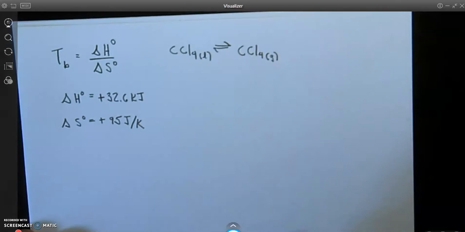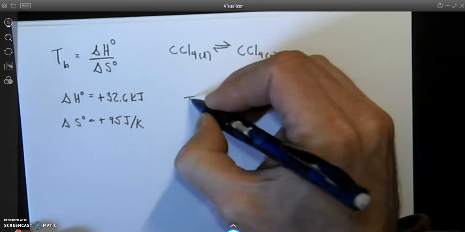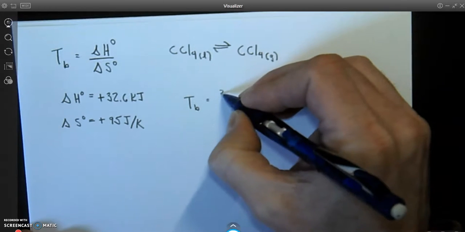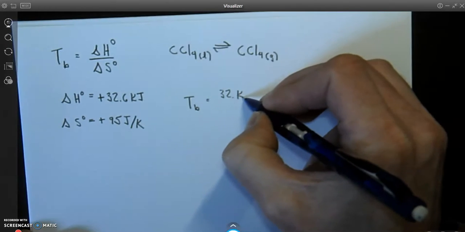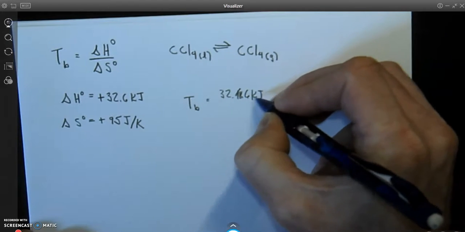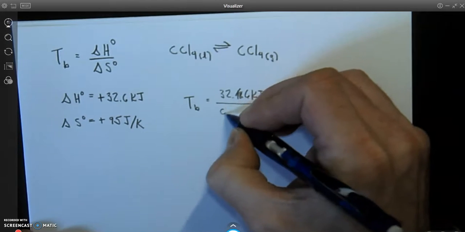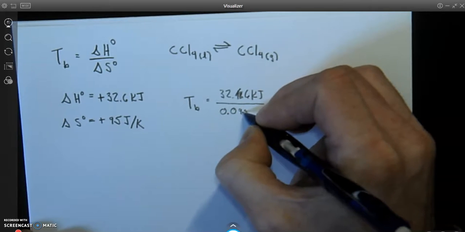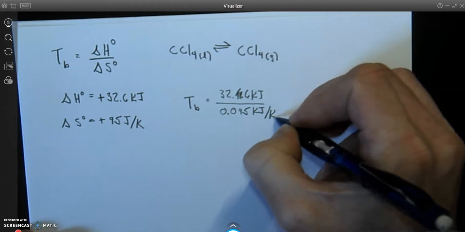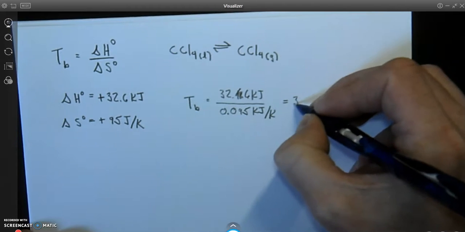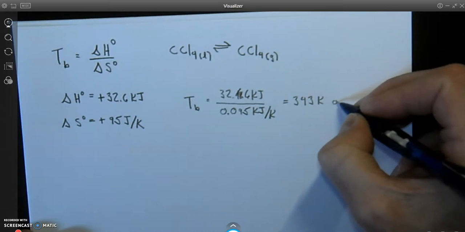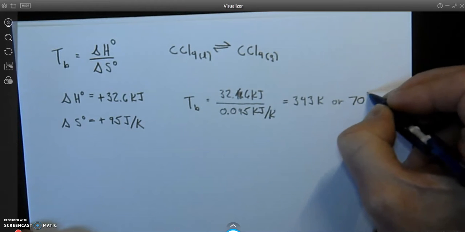And if we lump this into the formula we have over there on the side, you would get 32.6 kilojoules over 0.095 kilojoules per Kelvin, keeping the units the same, is equal to 343 Kelvins, or if you want to call it Celsius, right around 70 degrees Celsius.